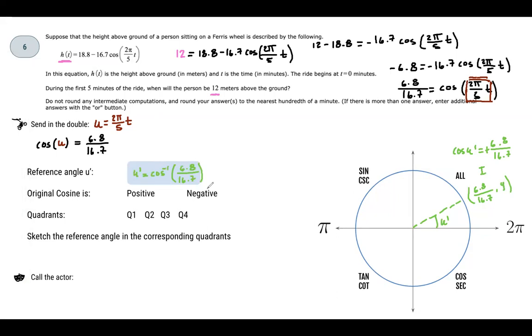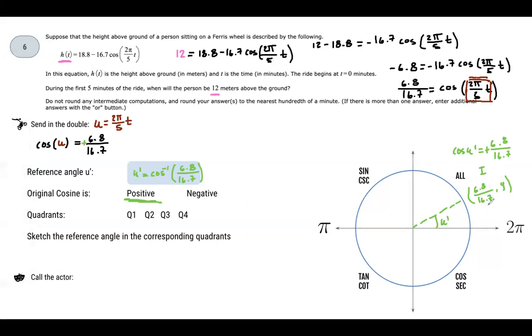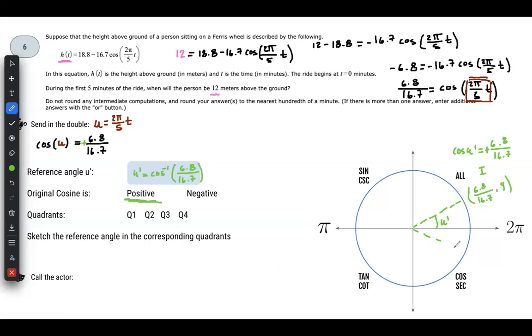Now, what is my original sign on the cosine? That is positive. The original cosine is this one right here, positive. Where will I find positive x values? Both here, the fourth quadrant.